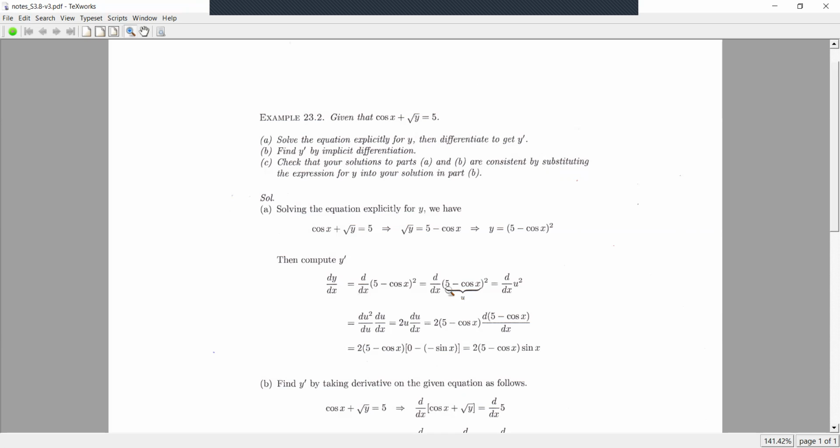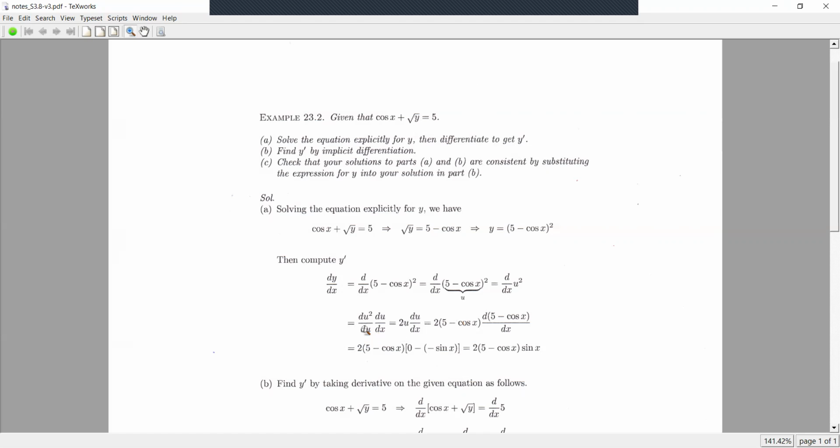Let u be 5 minus cosine. Then the function becomes u squared. Now, we need to compute this derivative. In this derivative, u and x are different, so this derivative cannot be computed directly. We need to apply the chain rule.